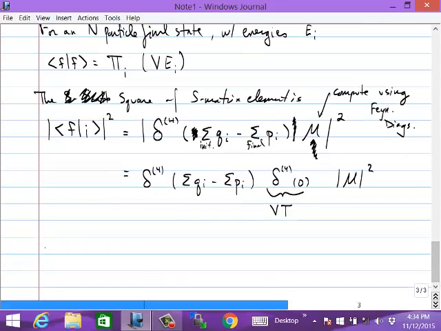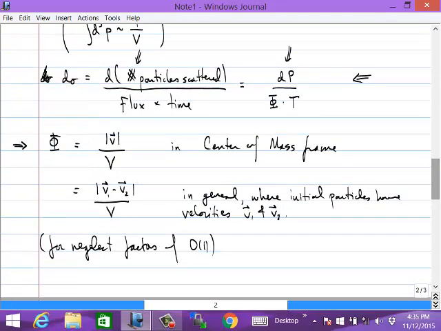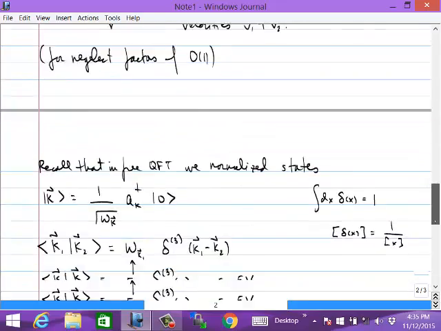So what was dσ, the differential cross-section? It was the probability dP divided by the flux times time. Let's see if I got all of my factors right. I'll be very impressed if I did. Okay, let's give it a try. So what was that flux? The flux was given by the difference in the velocities over volume.